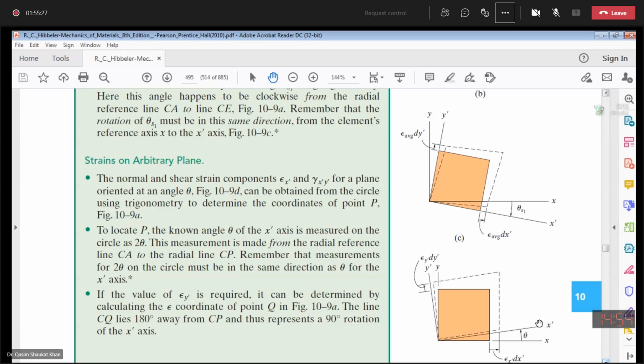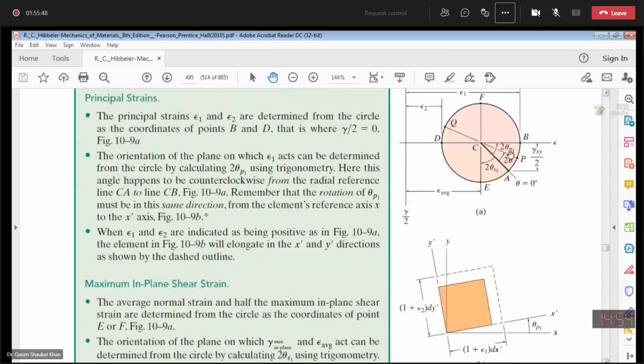Over this plane you will have epsilon x dash, over this plane you will have y dash. So the angle is 90 degrees, which means on the Mohr circle, this angle will be 180 degrees. So if you need epsilon y dash, this is your arbitrary point P.